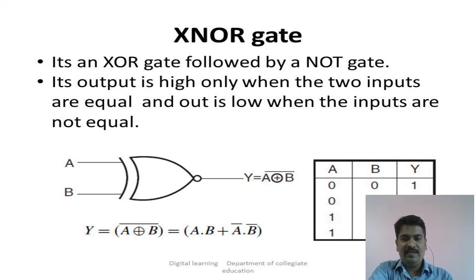And if you simplify with Boolean algebra, this A XOR B whole bar will give you A dot B plus A bar dot B bar. I mean to say A B bar plus A bar B whole bar. If you do some simplification for the output of the XOR gate with a bar, you will get AB plus A bar B bar.